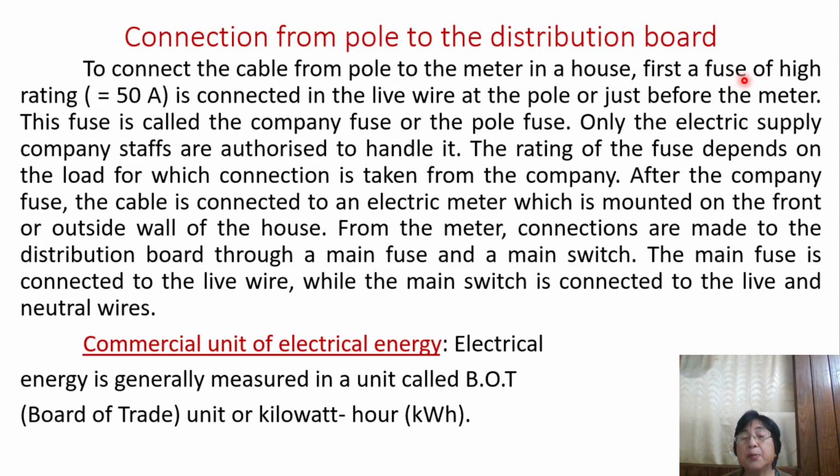We will be learning about a fuse later, but remember, a fuse of high rating, which is usually 50 ampere, is connected in the live wire. So it's important to identify where the live wire is, because this fuse will come in the live wire. This will be connected either at the pole or just before the meter in a house.